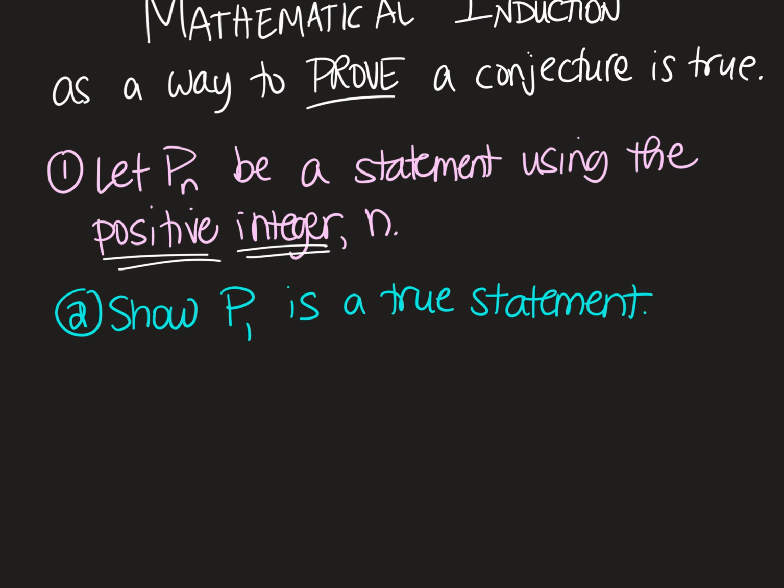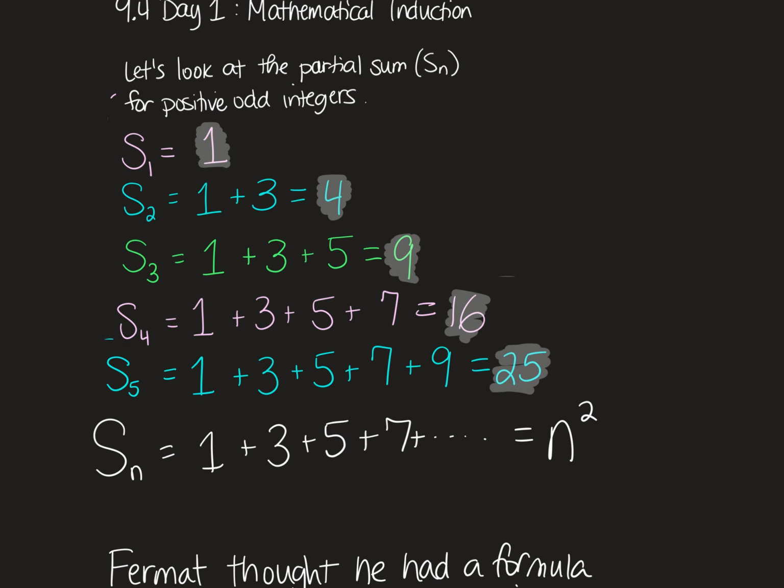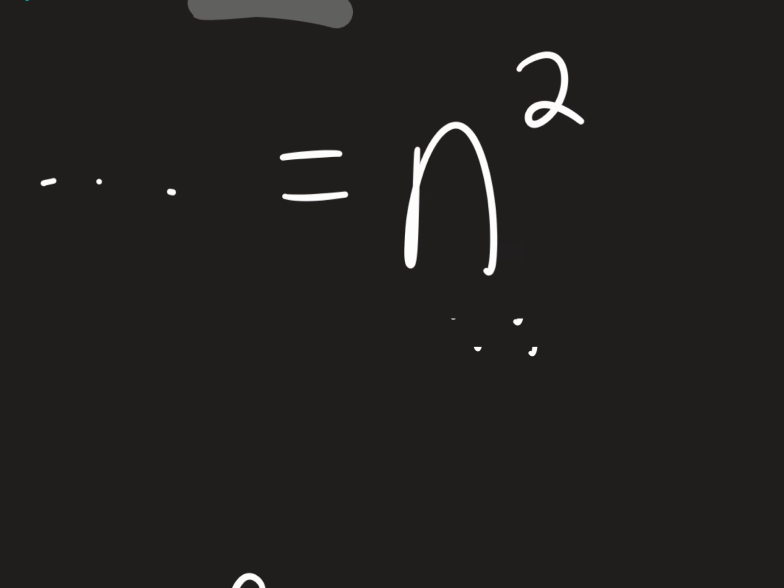Going back to our first example, if I'm stating that n squared is the way to find the sum of all positive odd integers, then I plug in 1 for n. I get 1 squared, which is 1.